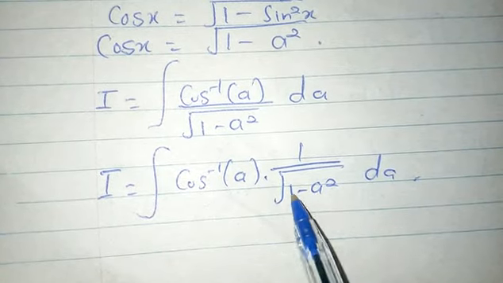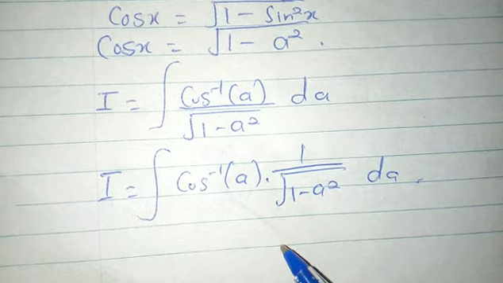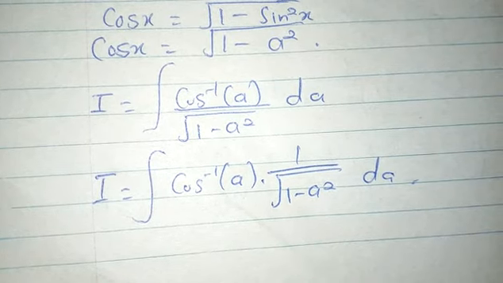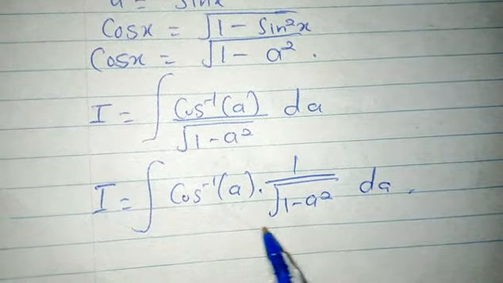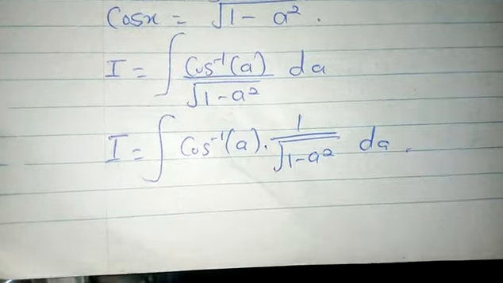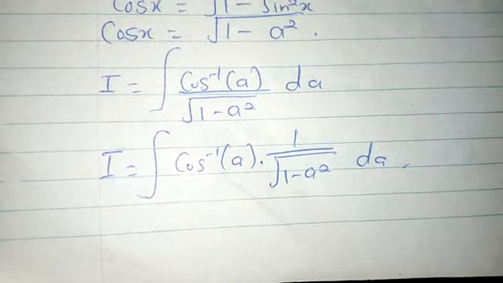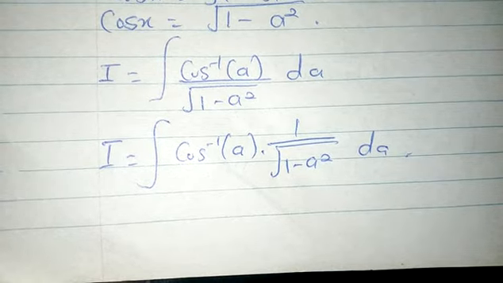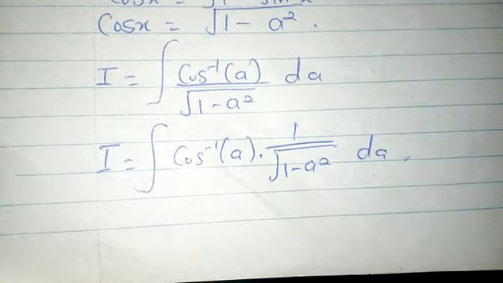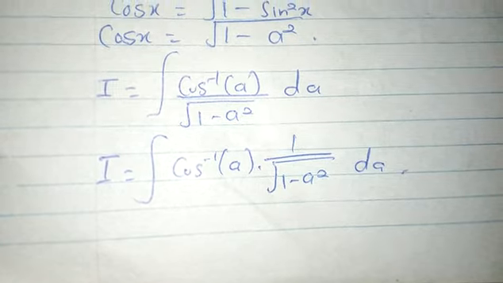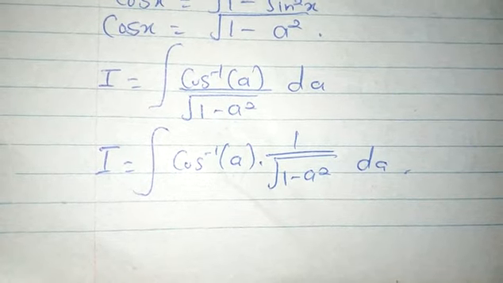We have a product of two functions, 1 over root of 1 minus a squared and cos inverse of a. And to solve such an integration question, we have to use integration by parts, because it's the product of two functions.